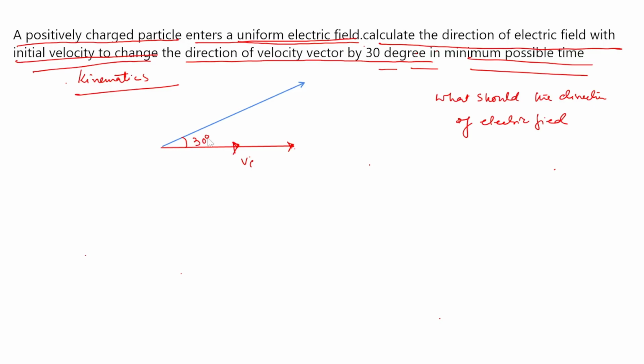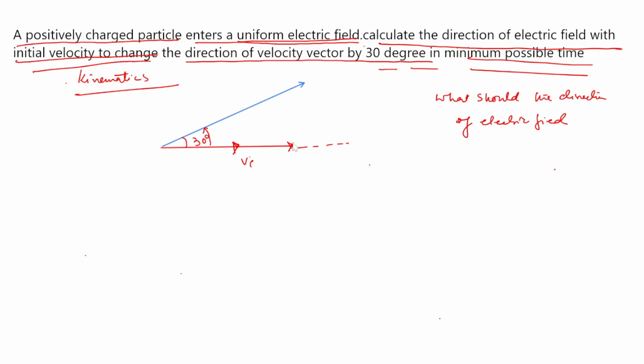That means by changing this vector by 30 degrees, this will be our final velocity vector. So we have to find the direction of the electric field with the initial velocity vector. Our final velocity vector is moving at a 30 degree angle.